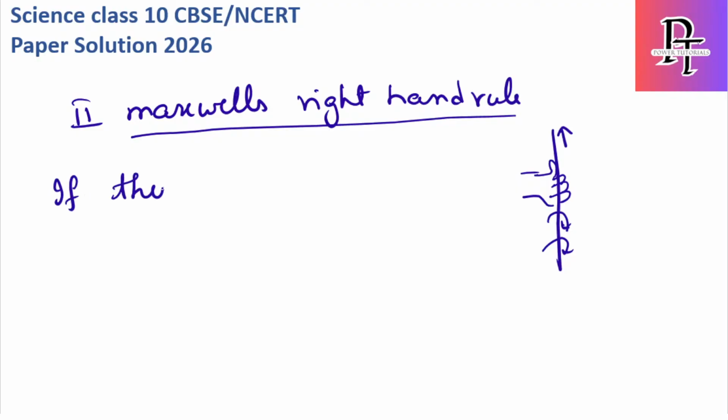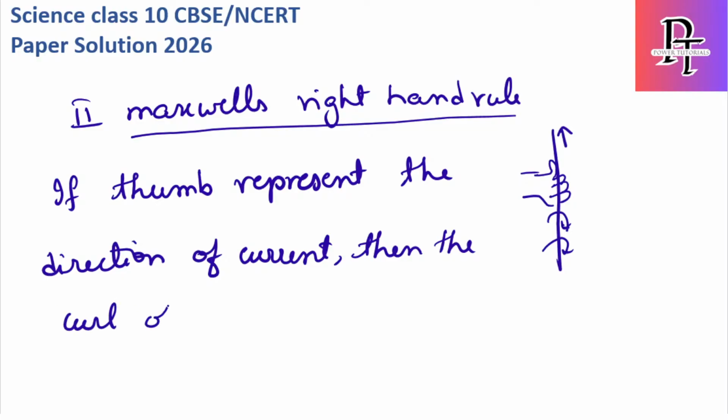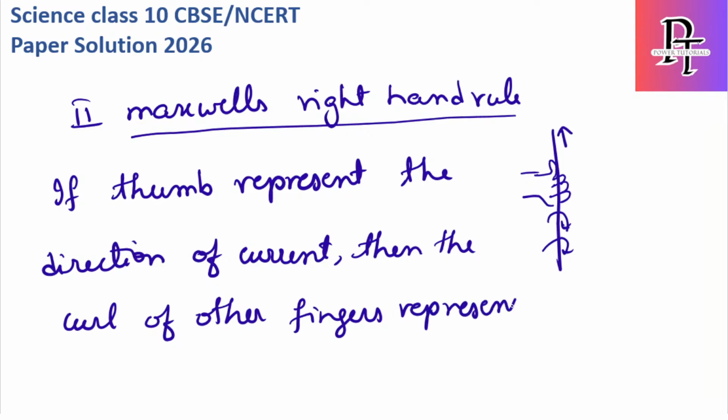If the right hand thumb represents the direction of current, then the curl of the other fingers represents the direction of magnetic field.